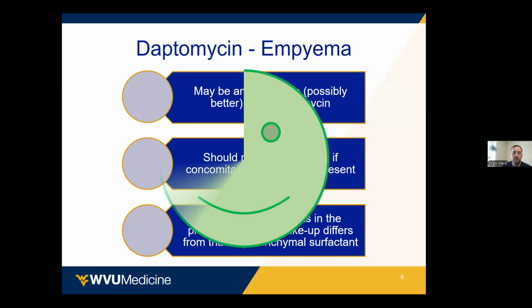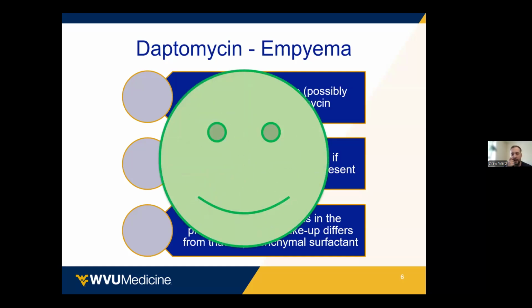So for this indication, I gave a big smiley face with an asterisk for the treatment of empyema with daptomycin, the asterisk being that if there's concomitant pneumonia that's expected to be active, an additional or alternative agent would need to be considered.